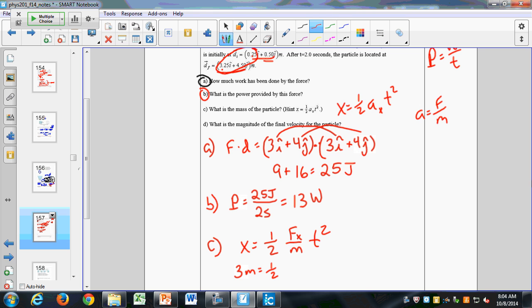No, the x displacement: the initial position is 0.25, and the final x position is 3.25. And the difference in those, 3.25 minus 0.25, is the x displacement, not the whole displacement.